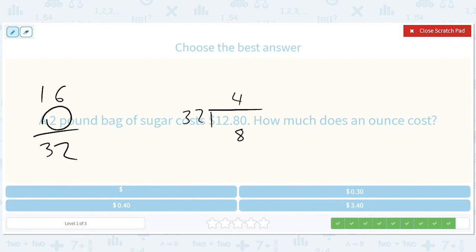And then 12, that's nice. That works out. So it should be 40 cents per ounce.